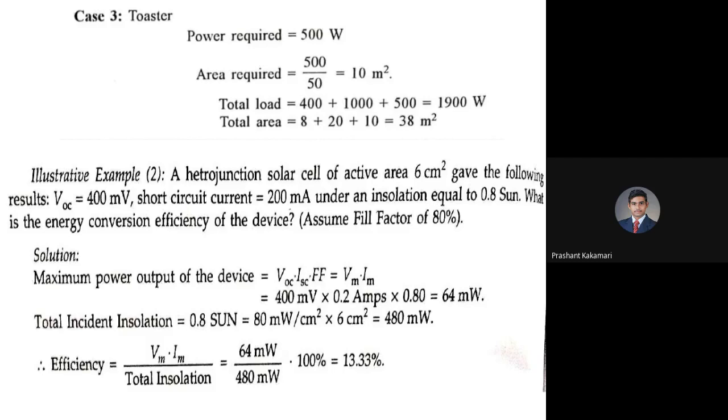It has given, for 6 centimeter square, open circuit voltage of 400 millivolt. Short circuit current, which I can write shortly as ISC, is 200 milliampere. This is at the maximum power.